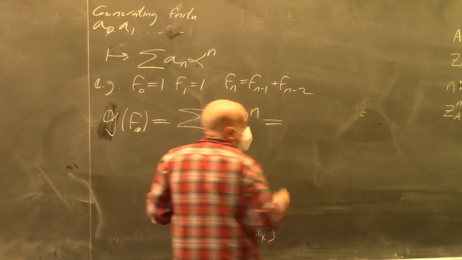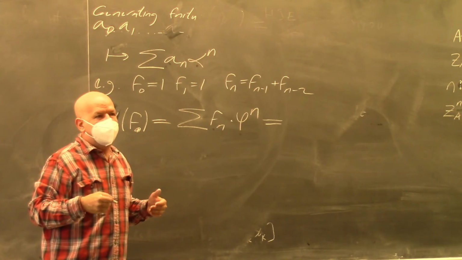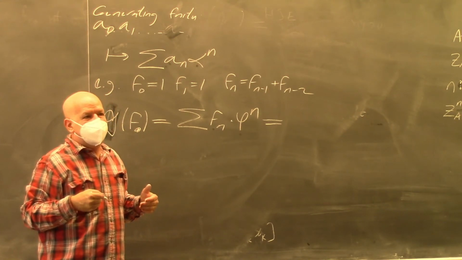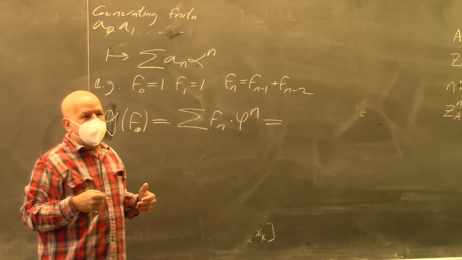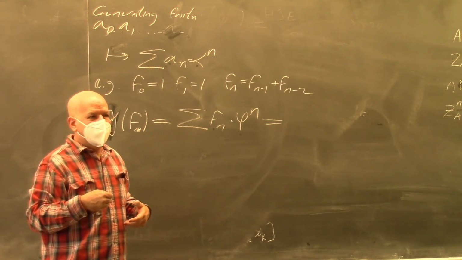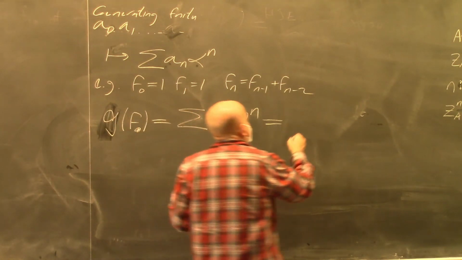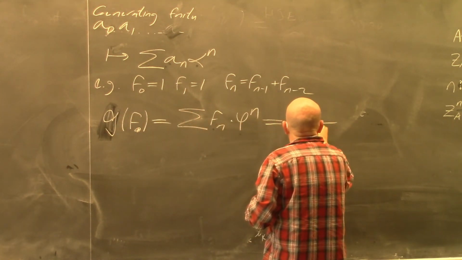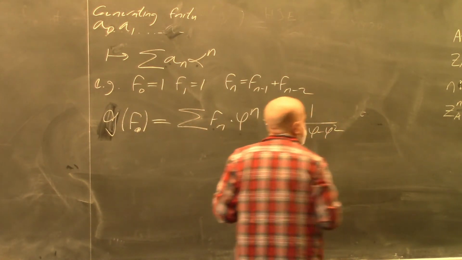So, do you know? That's like a standard game that people play in combinatorics. So it's 1 over 1 minus phi minus phi squared.